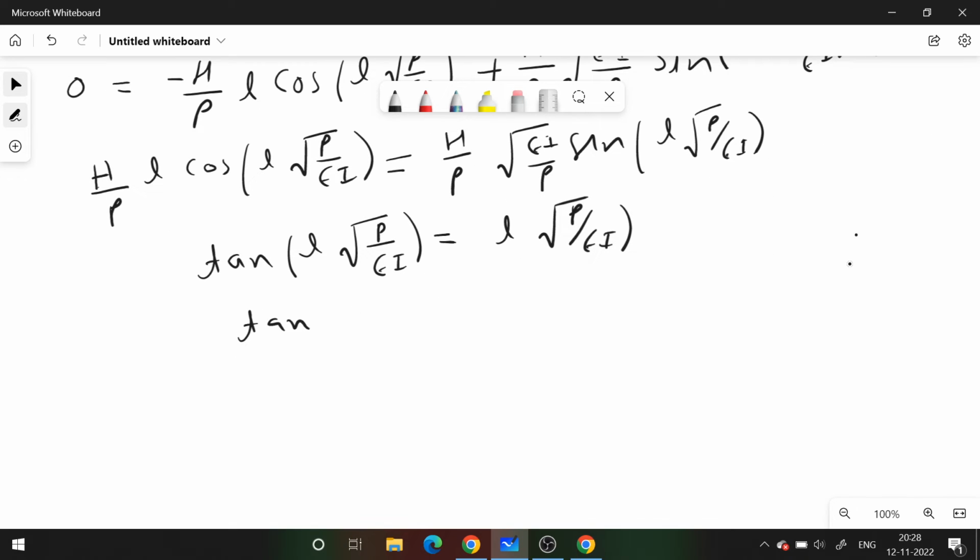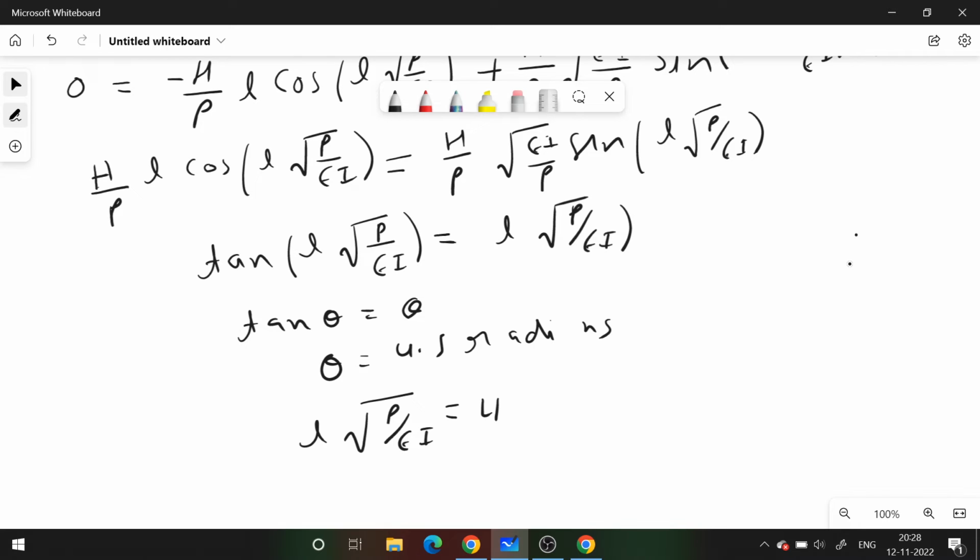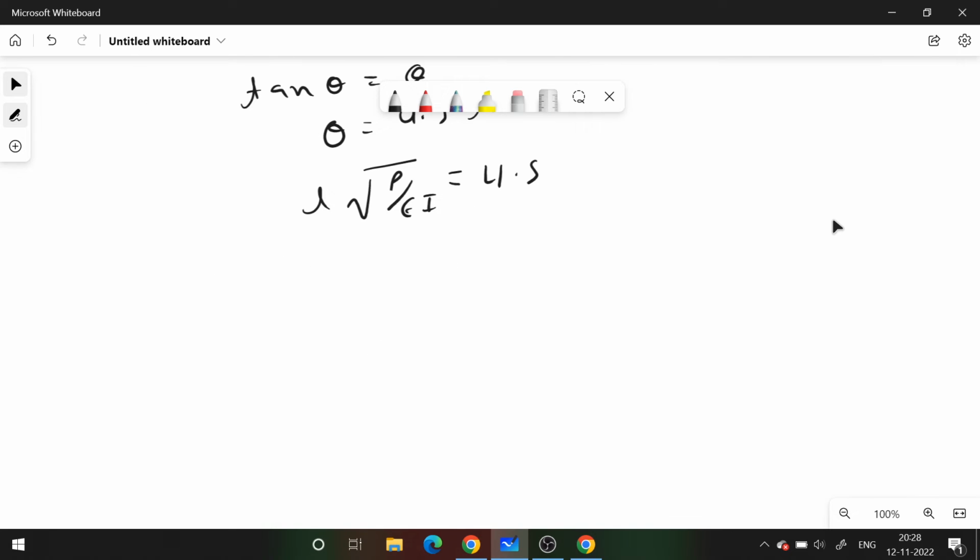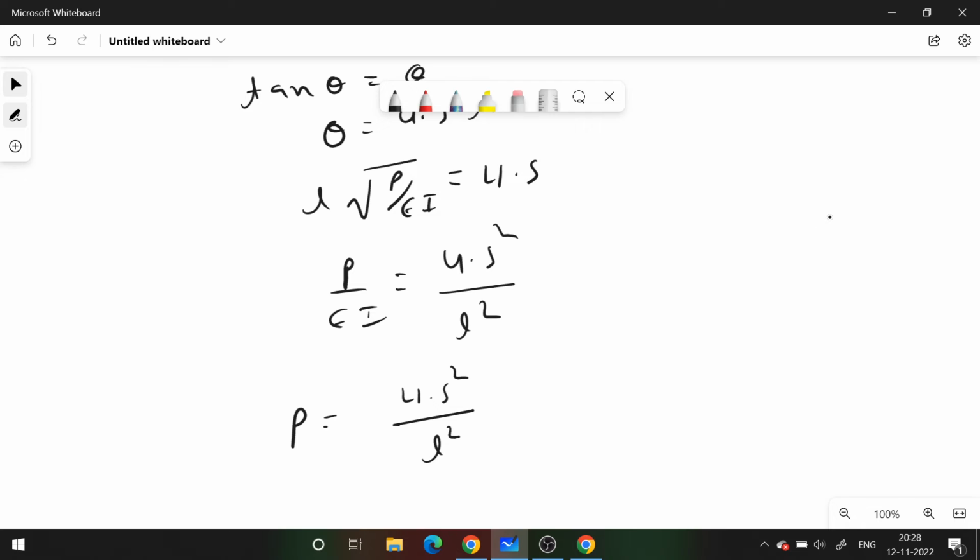Tan theta is equal to theta when theta is equal to 4.5 radians. So from here L under root P upon EI is equal to 4.5, or P upon EI is equal to 4.5 square upon L square, or P is equal to 4.5 square upon L square into EI.